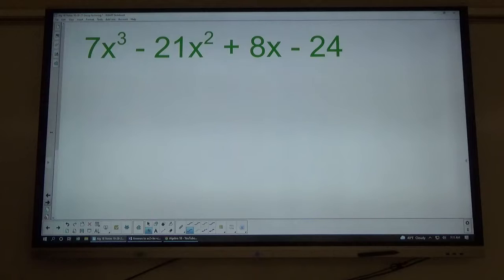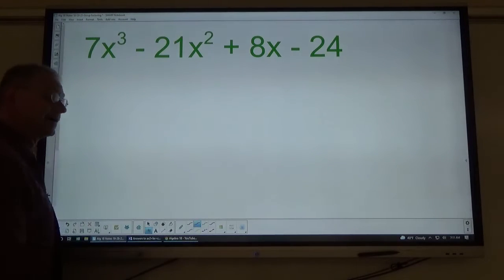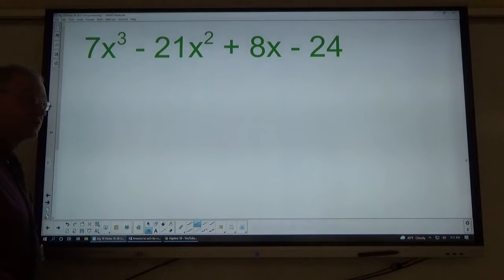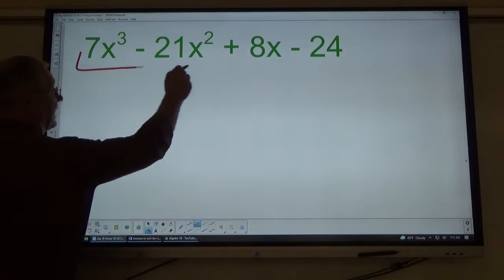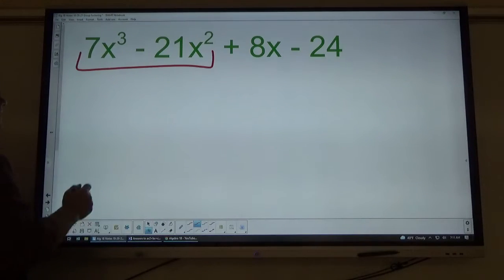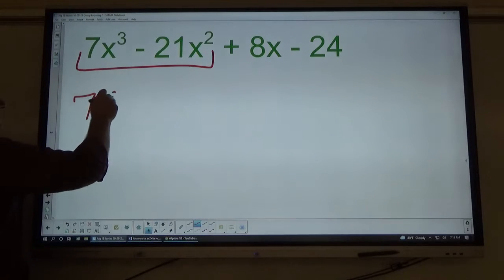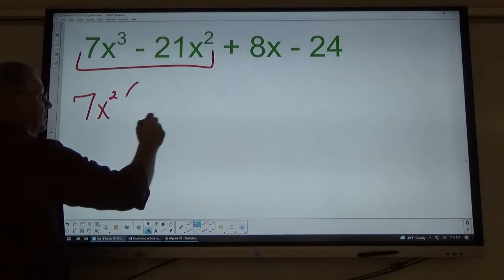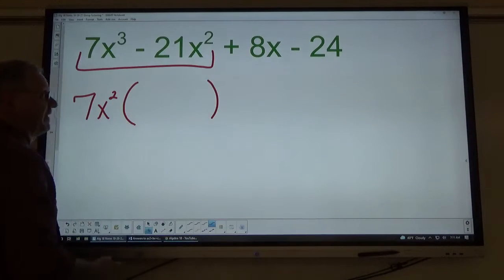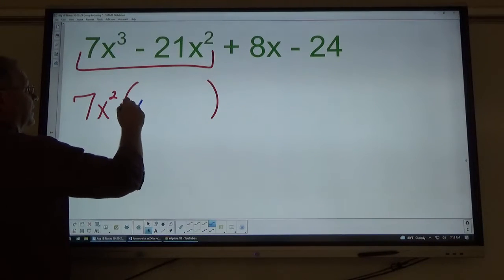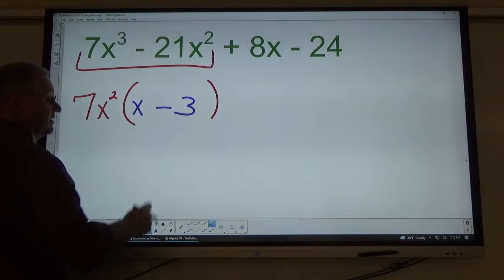In this example, I'm going to do the same steps we just did. I'm going to look at the first two, and factor out, I think they have a 7 and an x squared in common. When I factor that out, that leaves me with x minus 3 inside.